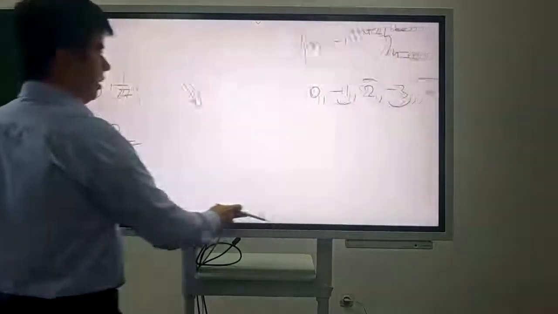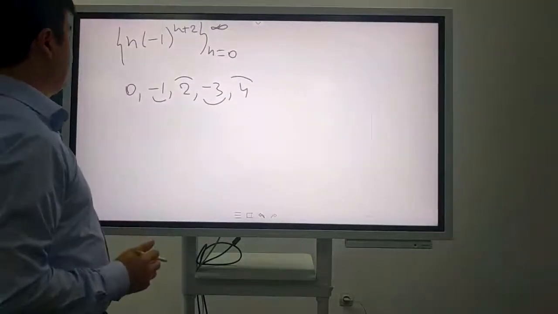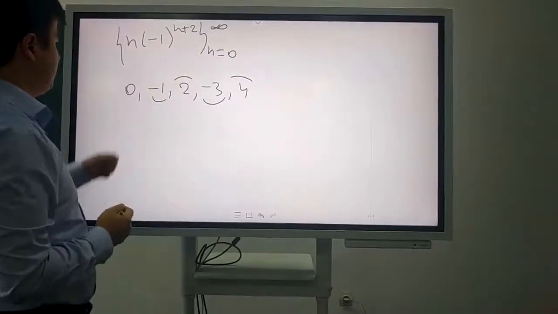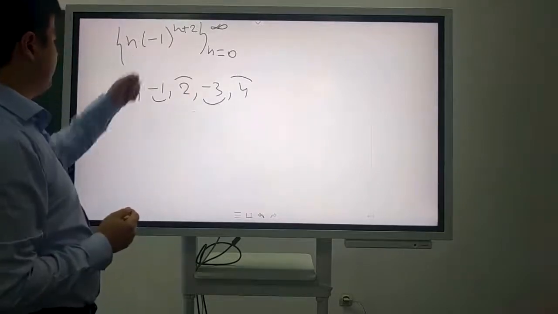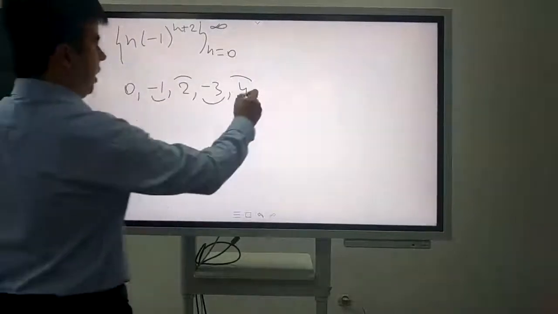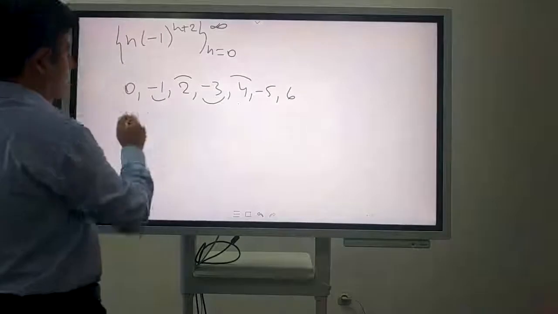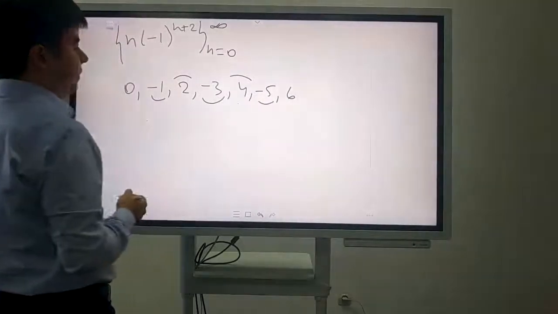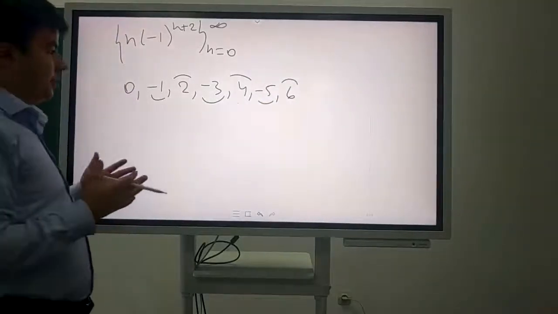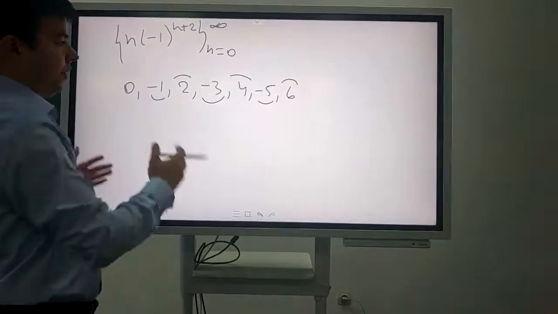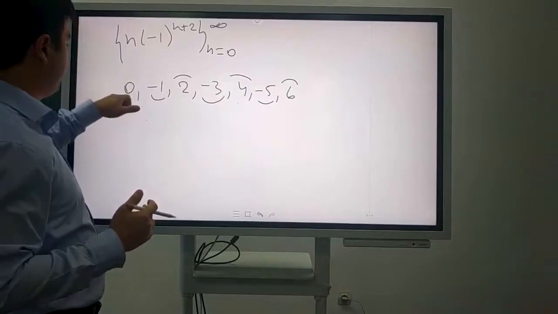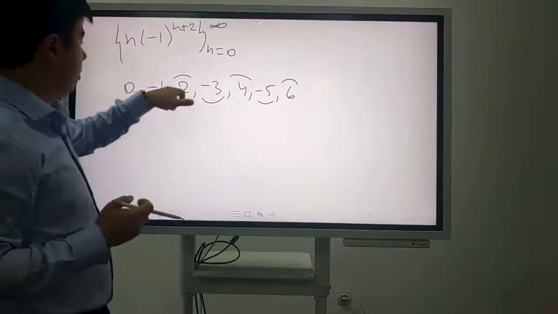And the last one is n times minus 1 to the power of n plus 2, from 0 to infinity. So if we write the first few terms of this sequence, this is 0, minus 1, 2, minus 3, 4, the next one is minus 5, 6. So all the odd ones are negative, the even ones are positive. And in this case, it's not a decreasing or increasing sequence, because we have just 0, minus 1, 2, minus 3.